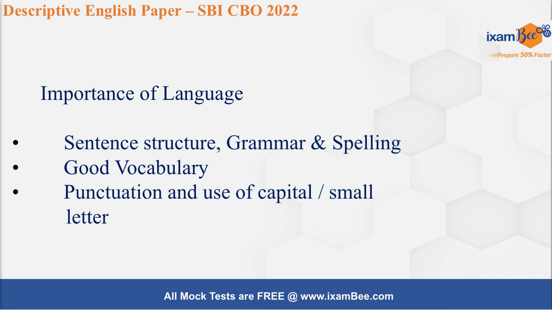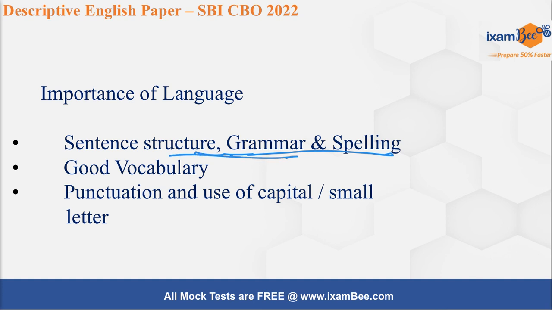So here also, after writing your essay or letter, I would suggest that you revisit what you have written and just try to see that if you have made any grammatical mistake, any spelling mistake is there, any sentence structure is not proper, you should change it, right? Because you have to write on computer, you have to type it on computer. It is easy to correct it, right? So these are really, really important.